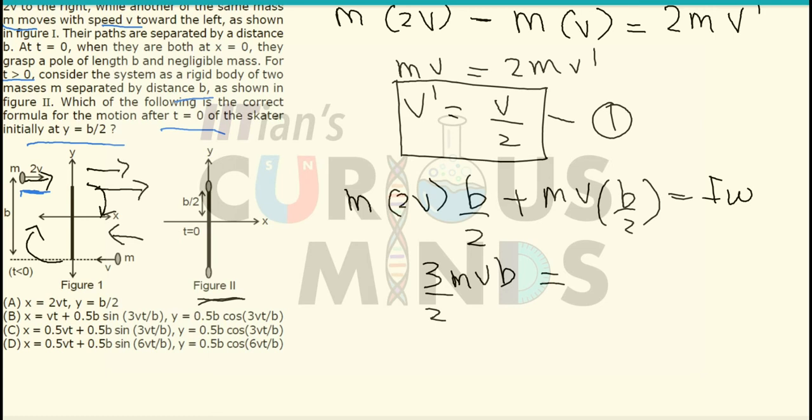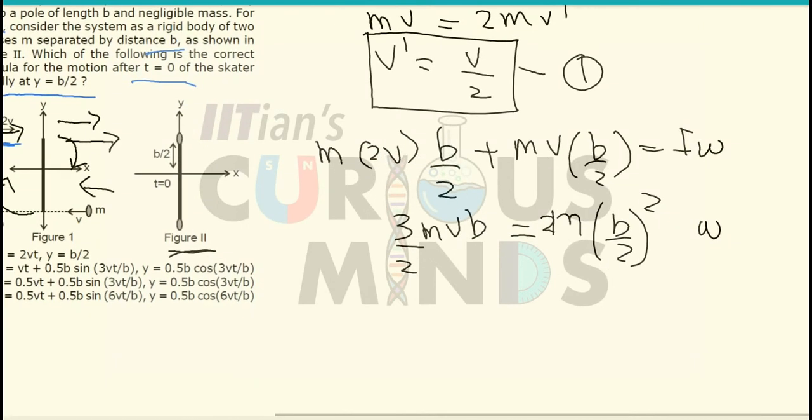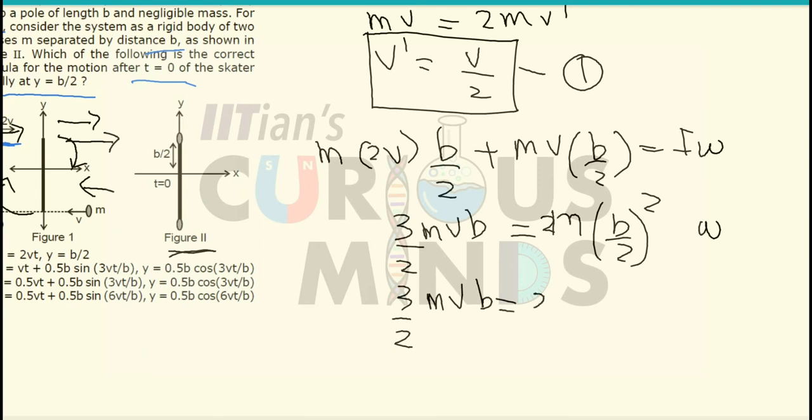The moment of inertia of both the masses will remain the same, equal to m into b by 2 the whole squared, and the second one will also be the same, so I will write it 2 times, into omega. So 3 by 2 mvb will be equal to 2m b squared divided by 4 into omega.